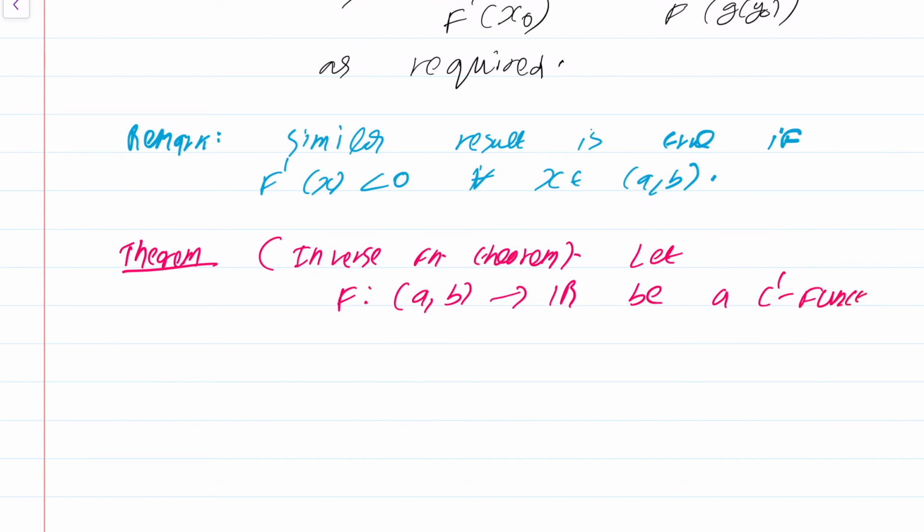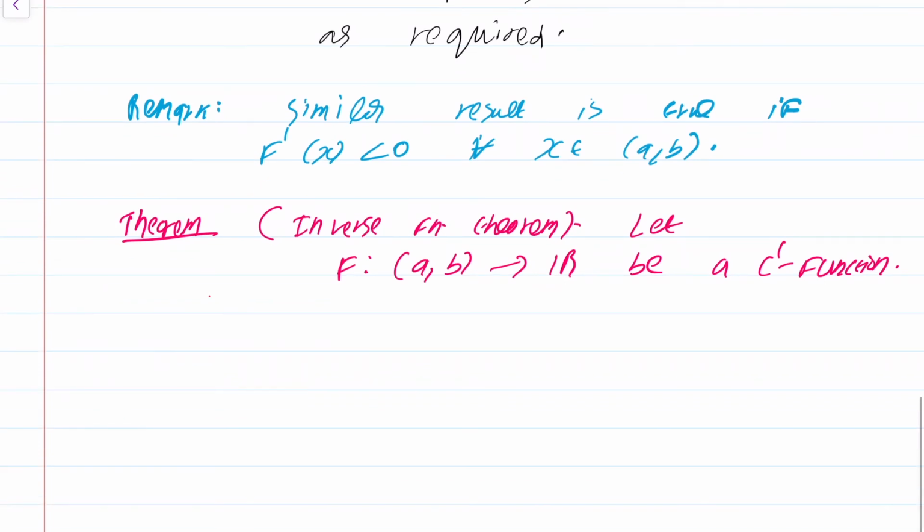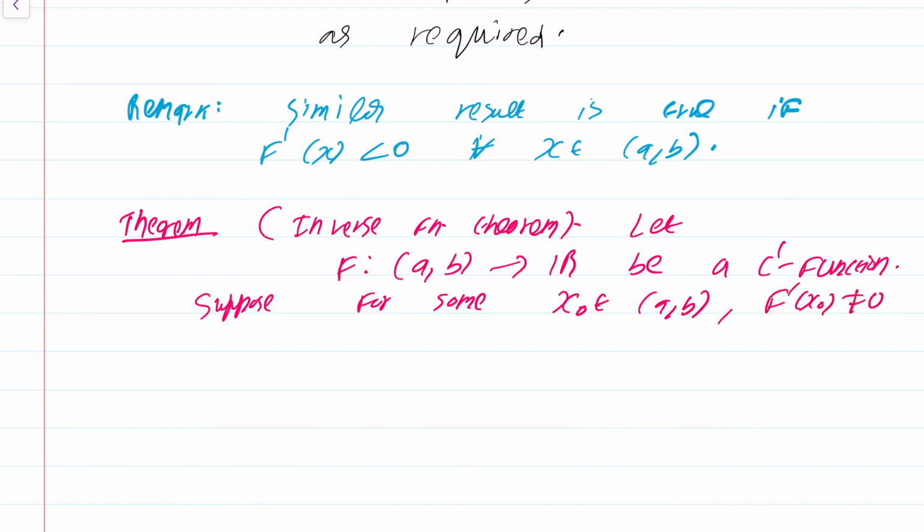Recall, this means that the derivative of f exists and the derivative is in addition continuous. Suppose for some x naught in (a, b), f prime of x naught is not 0.